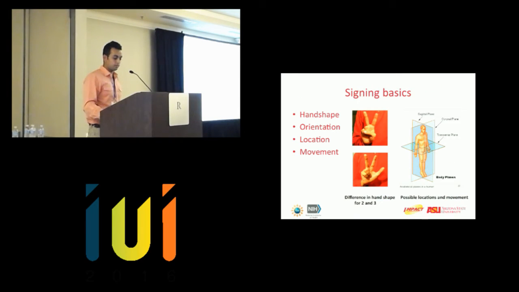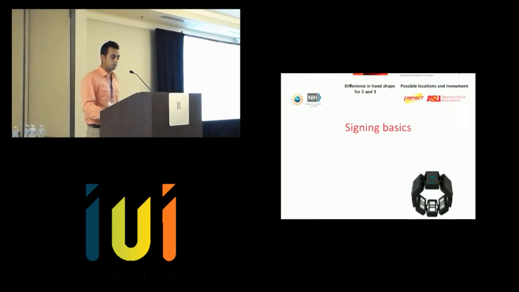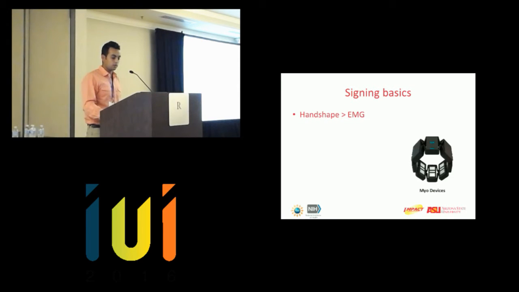We went through this earlier, so we will see how the system uses each one of these modalities and chooses some signals to help recognize. For the hand shape, we use EMG sensors, which give information about segments of the muscle that are activated.